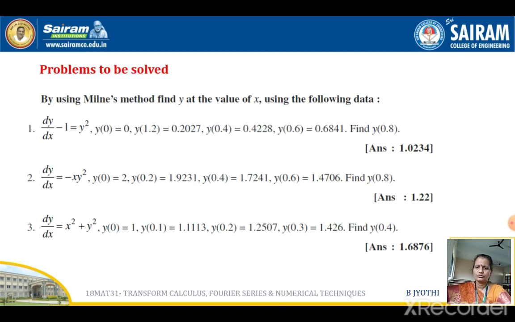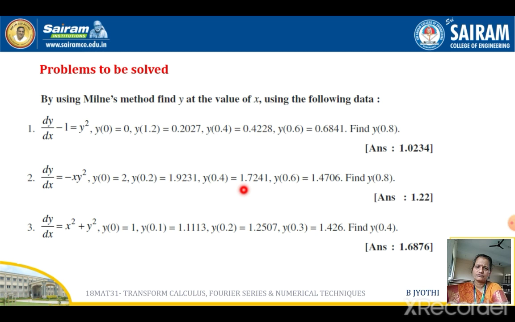By Euler's formula, we have y1 of 0 as y0 plus h into f of x0 comma y0. That gives us 1 plus 0.1 into 1, that is 1.1. By modified Euler's formula, we have y1 of 1 is y0 plus h by 2 into f of x0 y0 plus f of x1 y1 of 0.